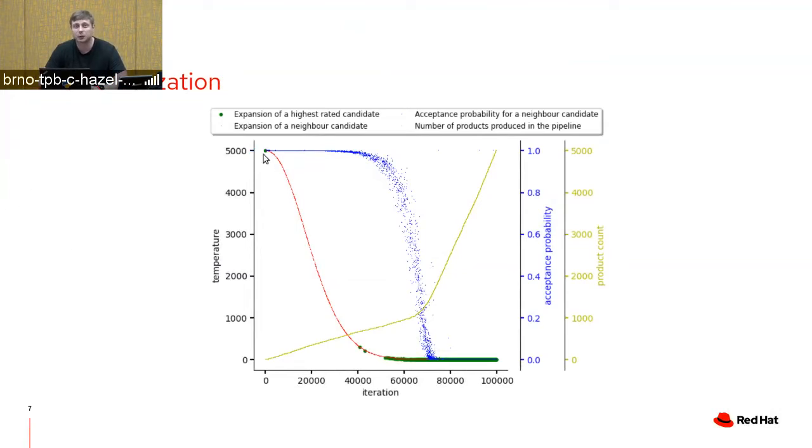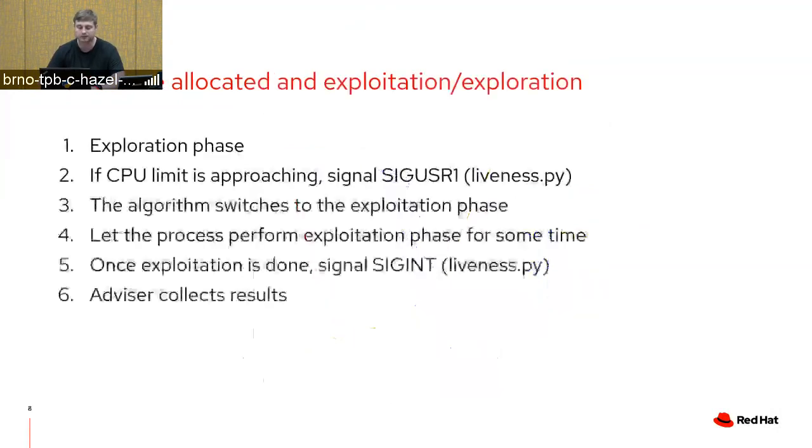This is modeled using a temperature function that is adopted from simulated annealing or adaptive simulated annealing. So the temperature starts at some high number that decreases over time, and once the temperature hits 0, that's what we saw in the SIGUSR1 handler, the algorithm completely switches to the exploitation phase and starts resolving high quality application dependencies. Follow the documentation and the articles published.